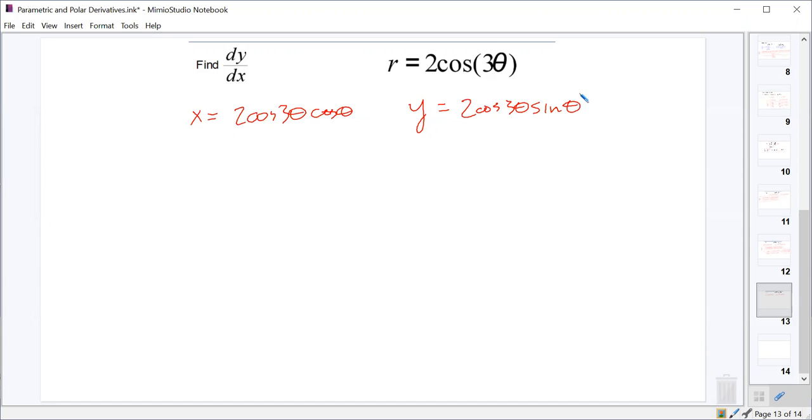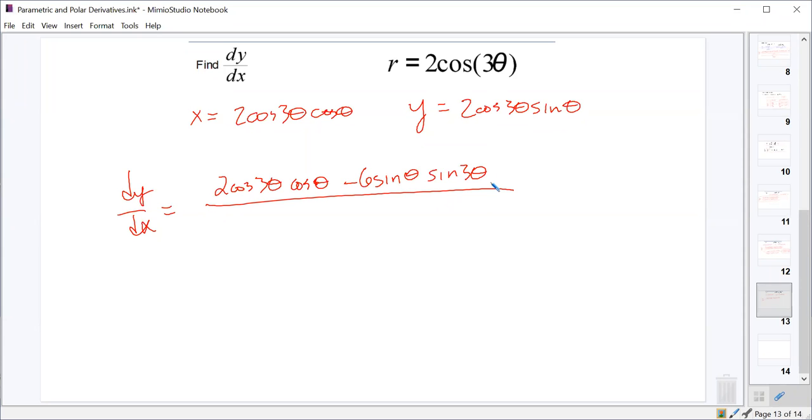dy d theta should have been 2 cosine 3 theta cosine theta. And then plus the sine theta times the derivative of this. So that's going to give us a minus sine theta times 6 sine 3 theta. So minus 6 sine theta sine 3 theta. Yes.